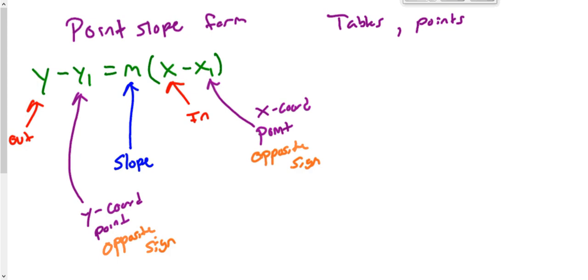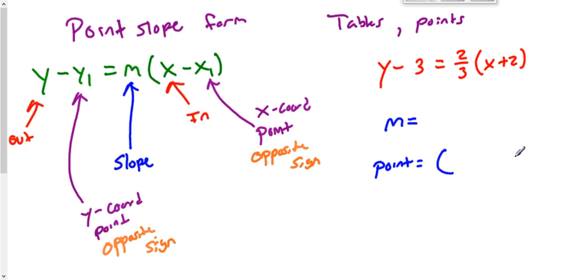For an example, y minus 3 equals 2/3 (x plus 2). The information from this equation, m and our point: m is the 2/3, but our point, always x and then y.